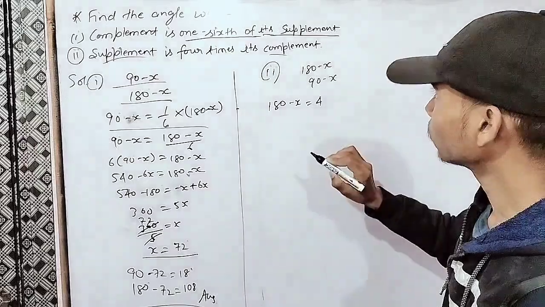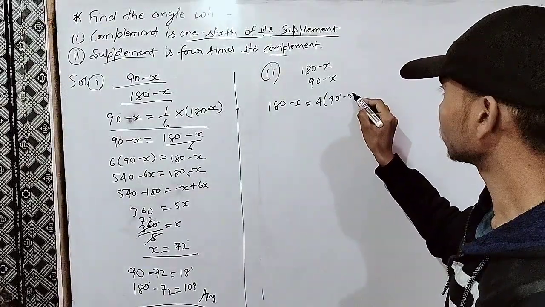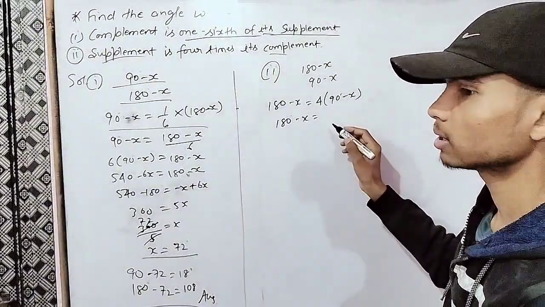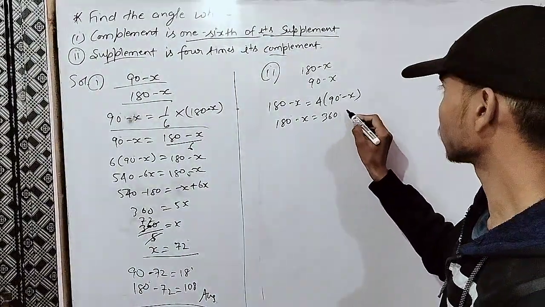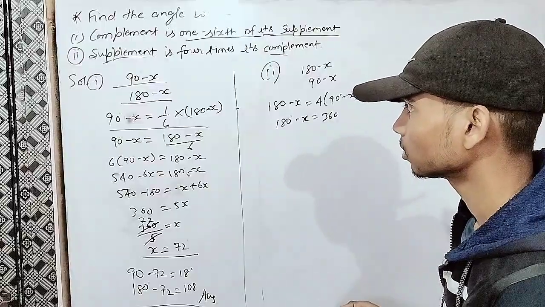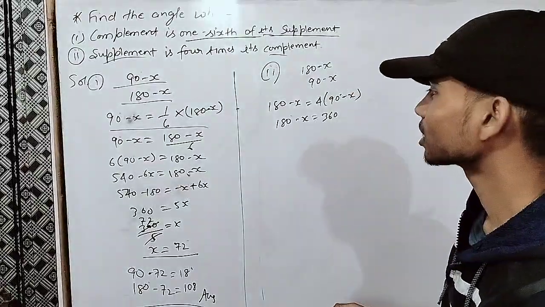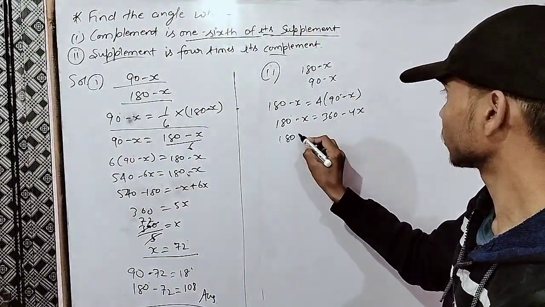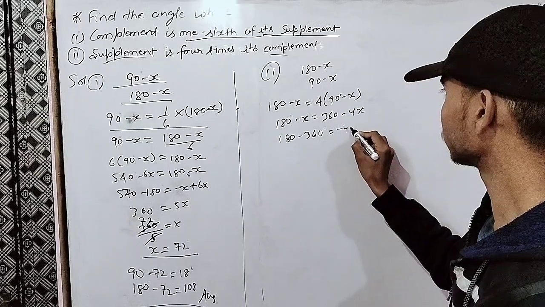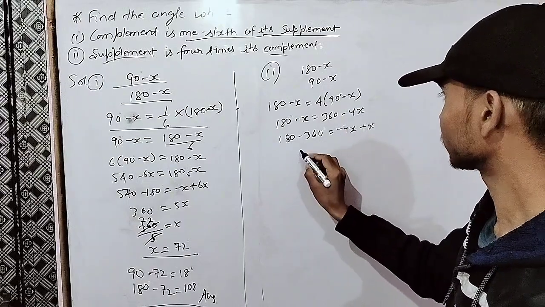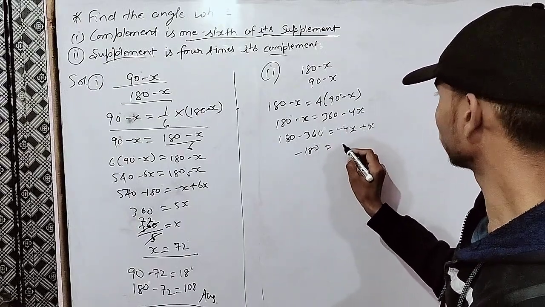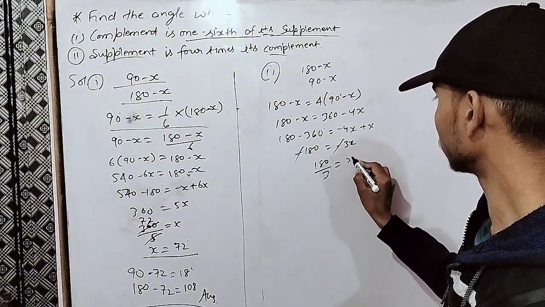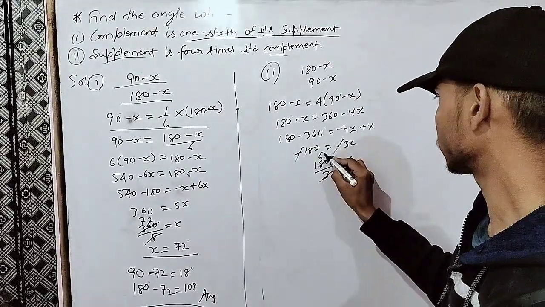So it is saying 4 times 90 minus x equals 180 minus x. Clear? 4 times 90 is 360.